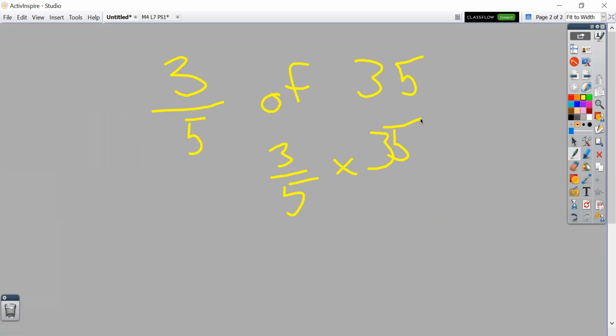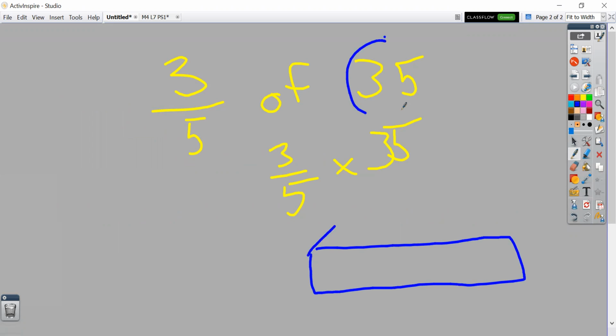The question is, what should our, and I'm going to change colors so we can see it, what should the whole be? Just like yesterday, the whole is the whole number. And then what are we cutting our tape diagram into? Well, that's where we look to the fraction and we look to the denominator, where it tells us what units it is, and that's fifths.